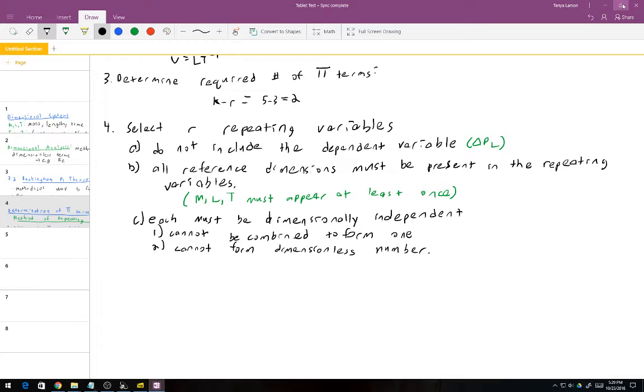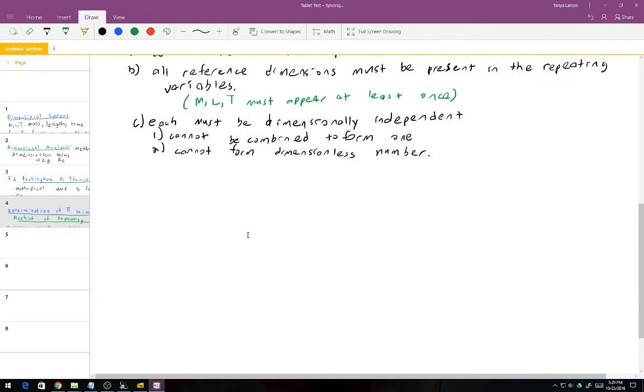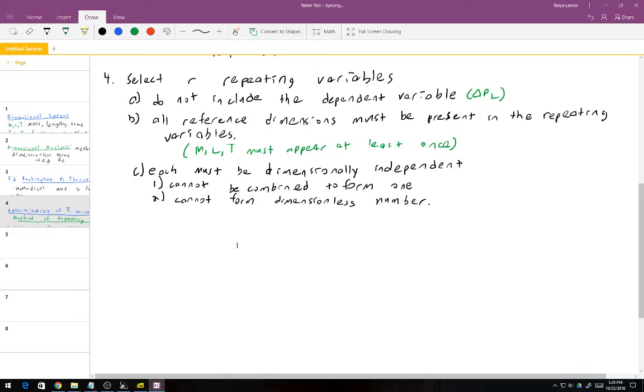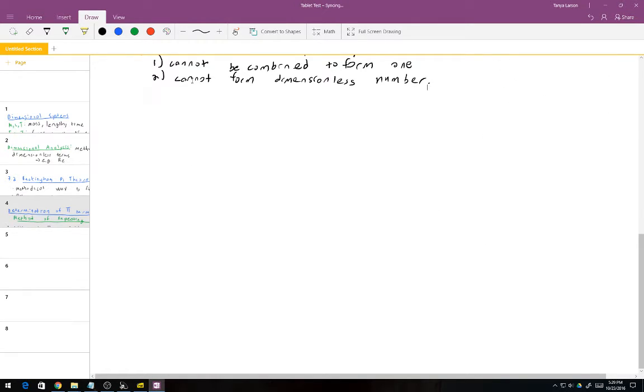Okay, so let's look at some examples here. Let's look at some potential repeating variables. I have a few potentials I could look at. What if I did, say, D, mu, and V?